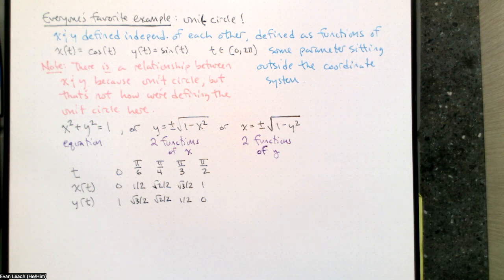So we can form a table of values. We're choosing values of t and plugging them into x and y.